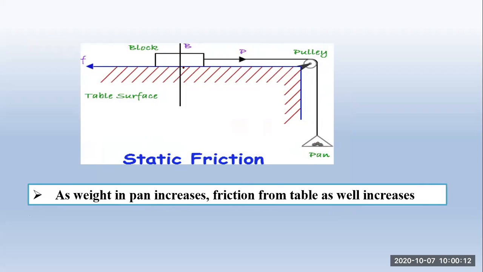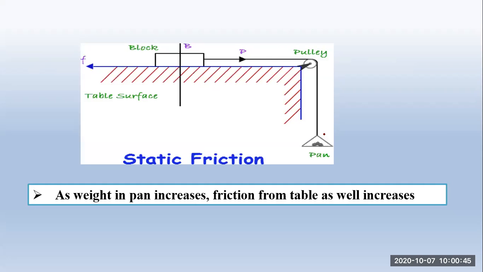So the friction will also increase along with the applied tension, and tension increases along with the weight in the pan. So static friction is a self-adjusting force. As you increase the external force, the static friction is also increasing.